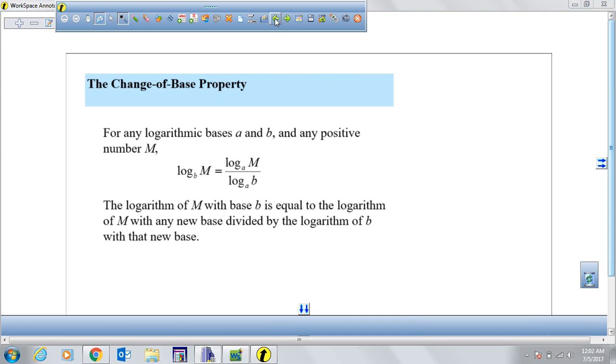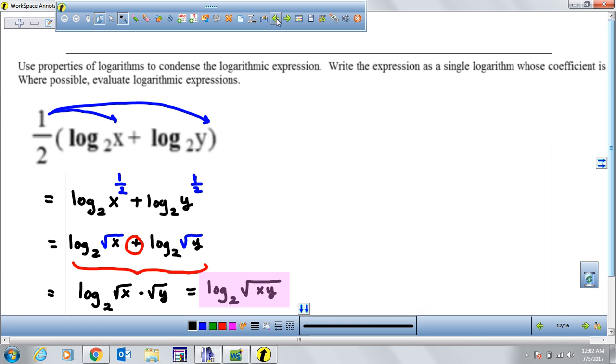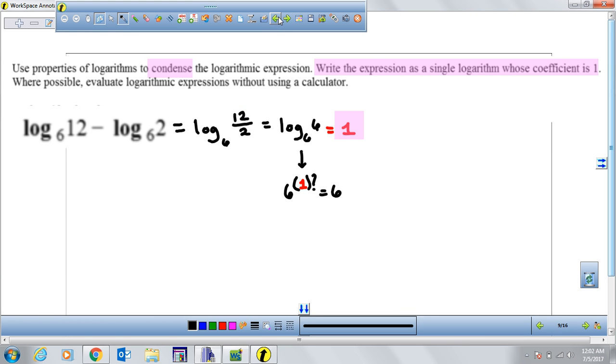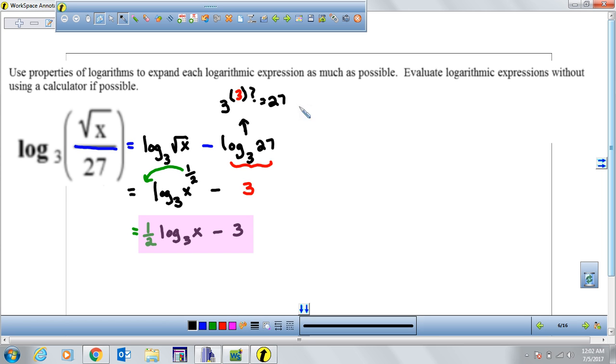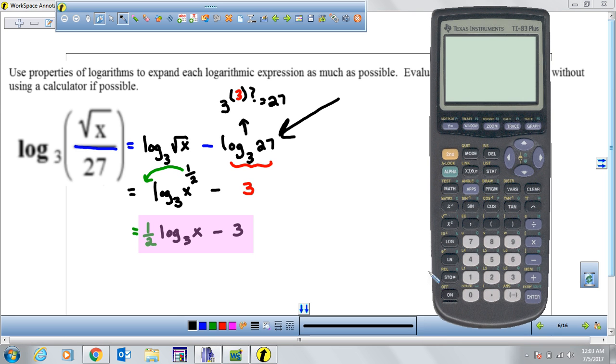So any of the logs that we did before, like the evaluating, you can evaluate them using that property. For example, take a look at this log that we did right in here. If you would like to evaluate it using the TI-83 or TI-84, then what you do is you divide the log of the result, which is 27, close parentheses, divided by the log of the base, and the base is 3.